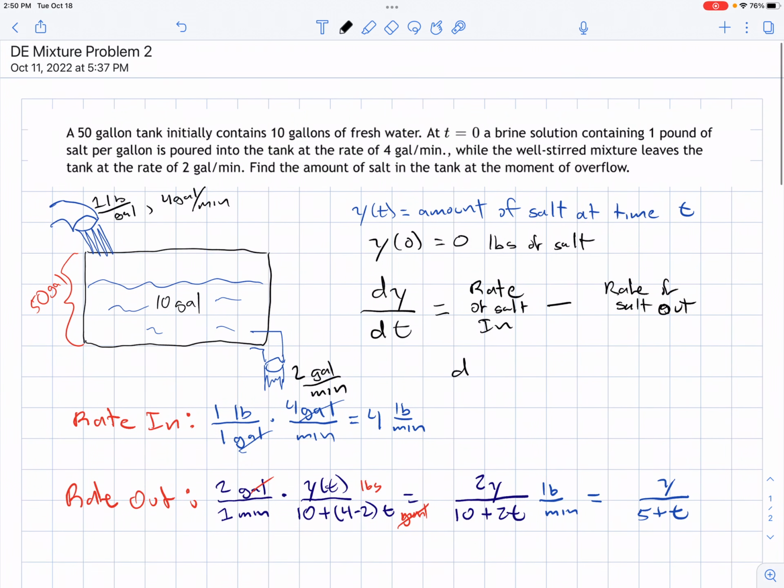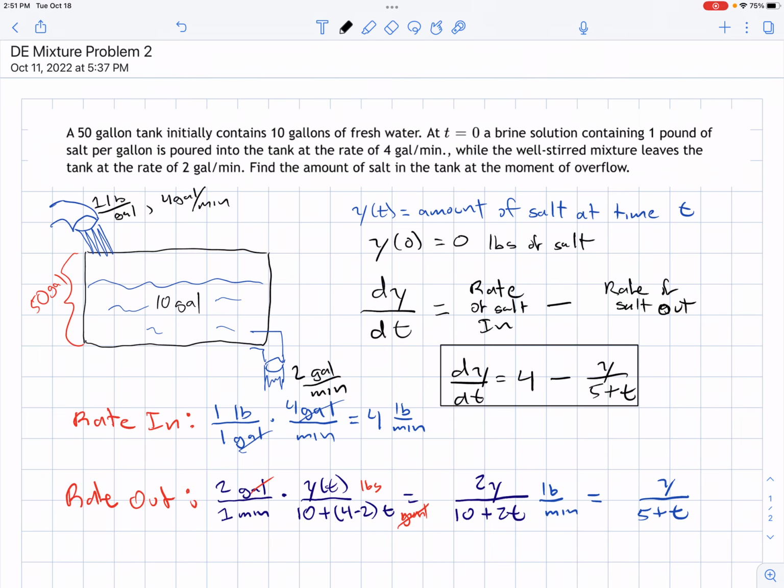We can write this as dy/dt equals 4 minus y over 5 plus t. And I'm going to box that, so we know our differential equation.